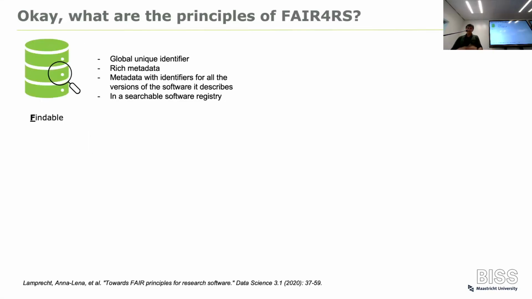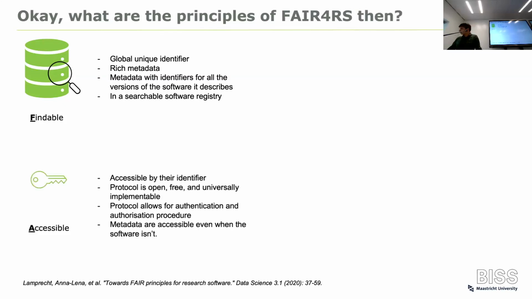So then it brings us to the question, which we didn't talk about earlier, of what are the principles of FAIR for research software? I don't want to go into the complete details of each and every element of it, but usually if your software needs to adhere to the research software FAIR principles, then it should have a unique identifier. So again, if you are a software engineer and if you use GitHub, you'll be like, hey, my repo has a unique name.